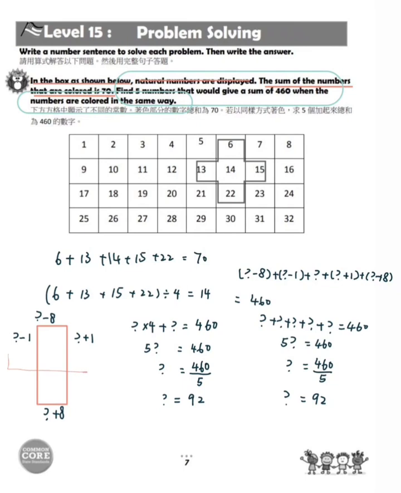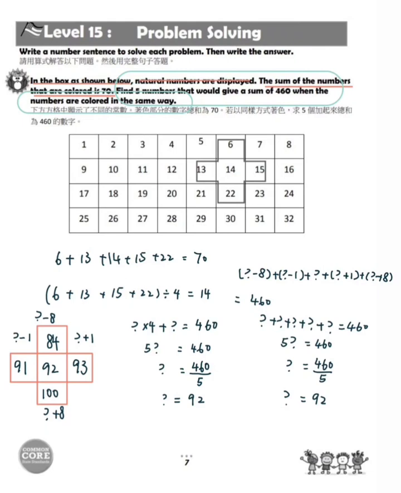So now that the center is 92, and we use the same method, we will find out that the top number will be 84, the left hand side number will be 91, the right hand side number will be 93, and the bottom number will be 100.